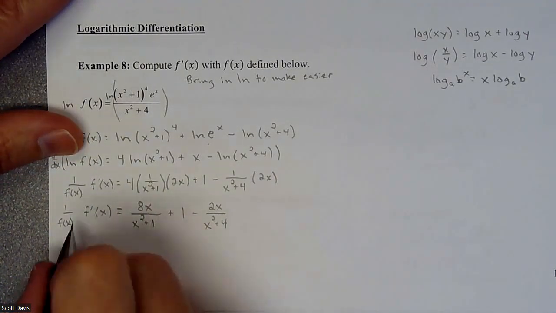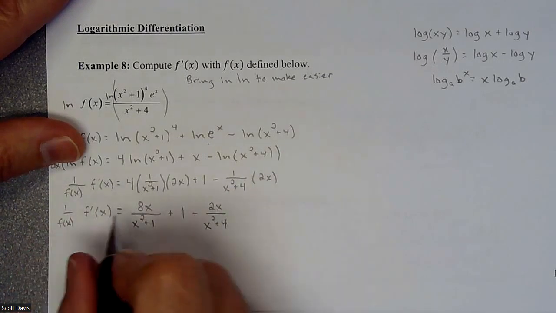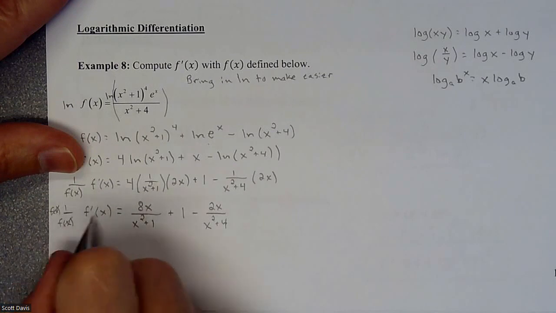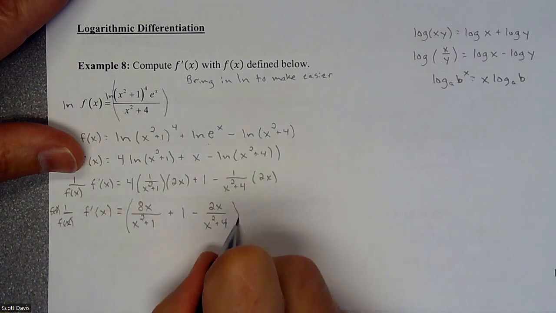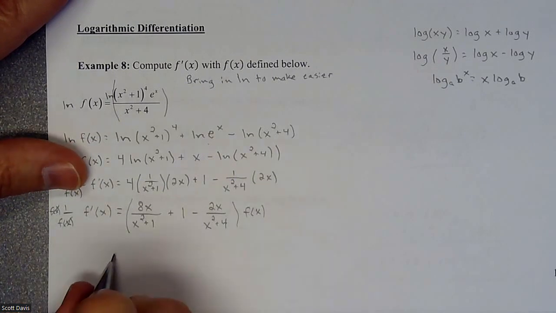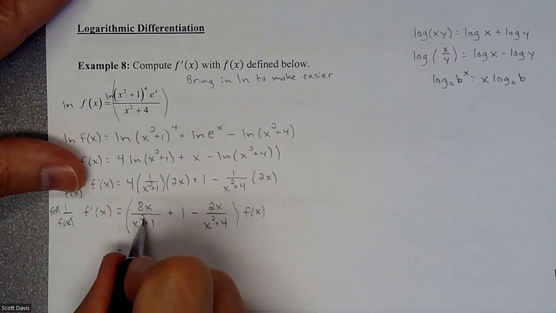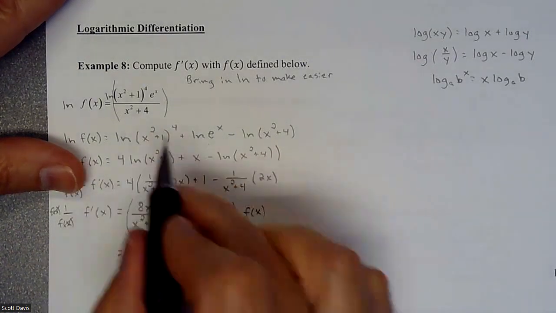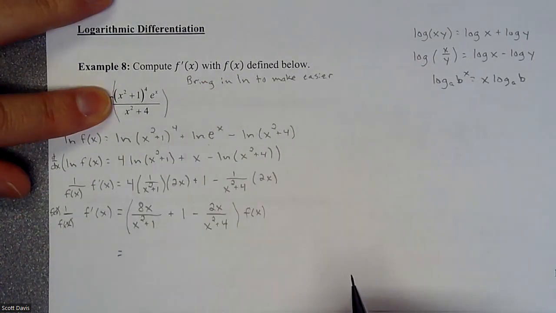And then I'm going to clear this out, which means I'm going to multiply that to both sides so it can cancel, at least on that side. So we are left with this piece times our original f of x. Again, our original f of x was that.